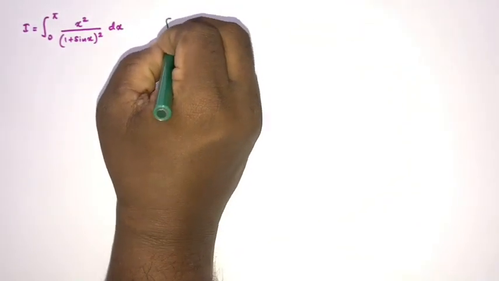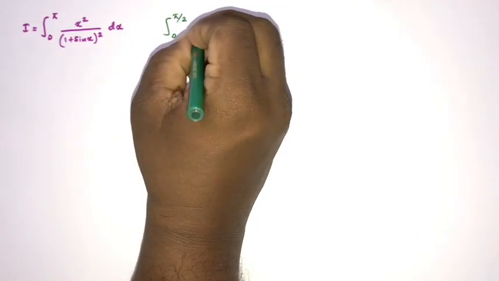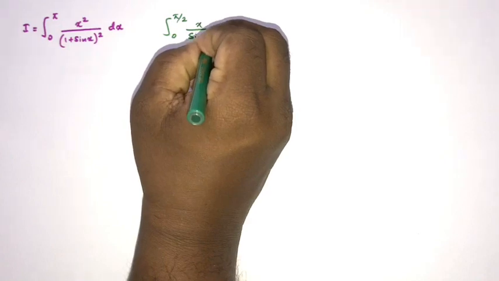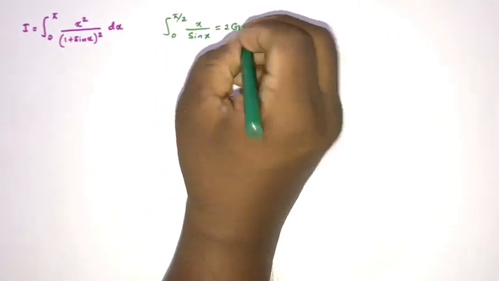Integral from 0 to pi over 2 of x over sine of x, and we proved this is equal to 2 times G, we know Catalan's constant.